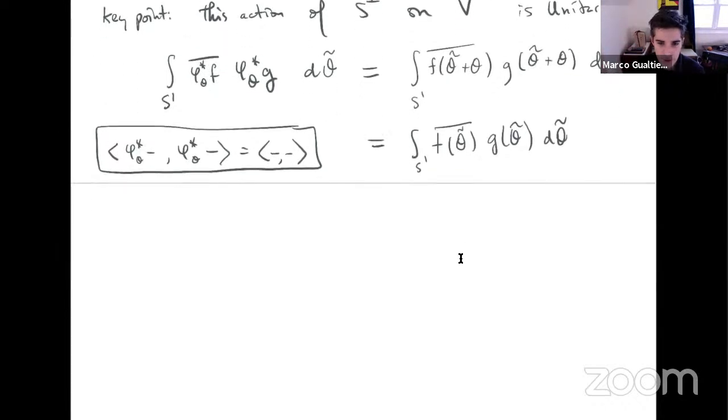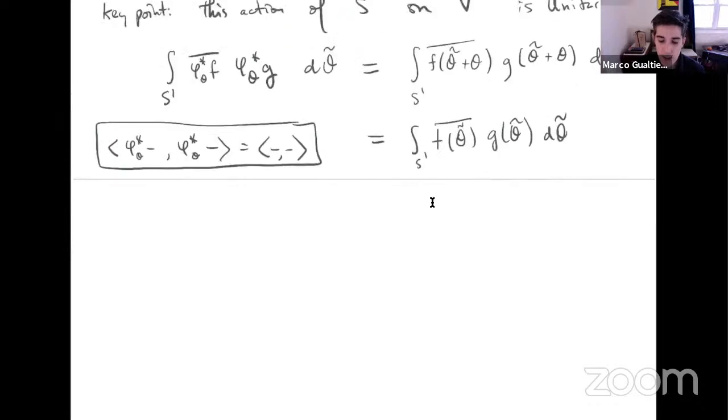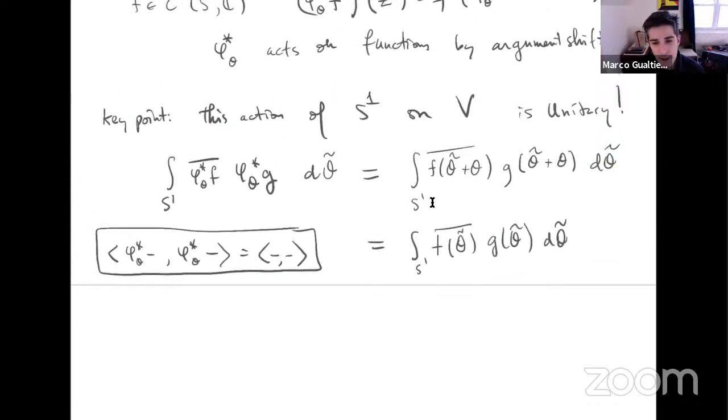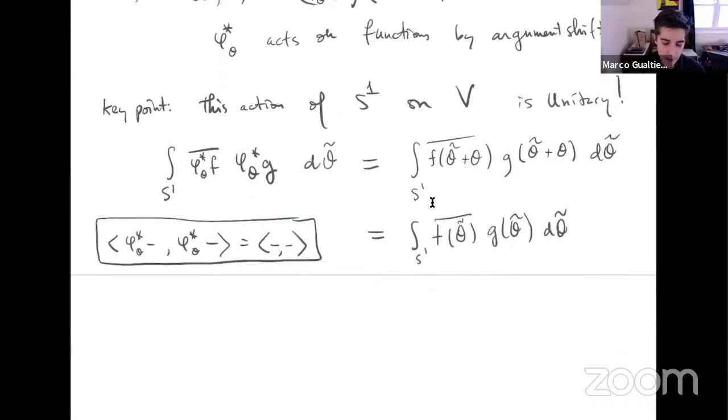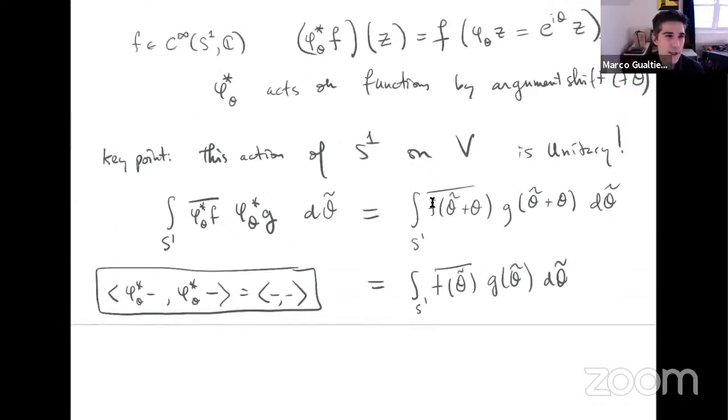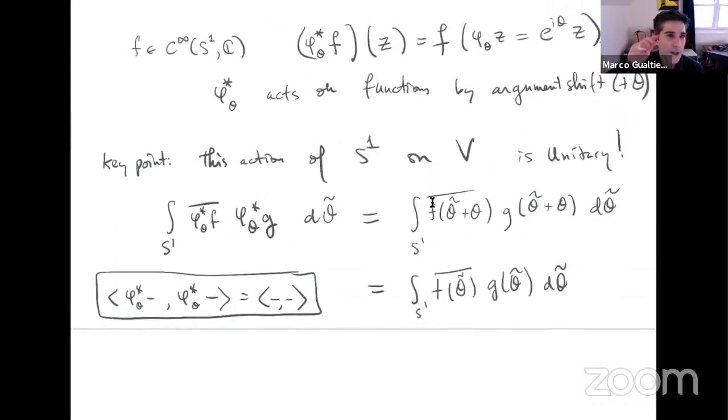And that's helpful because I can now use this representation on the vector space. Now I have U1 acting on the vector space, and I can differentiate that to get a Lie algebra element that is acting on the vector space.